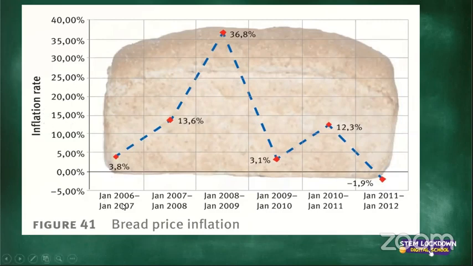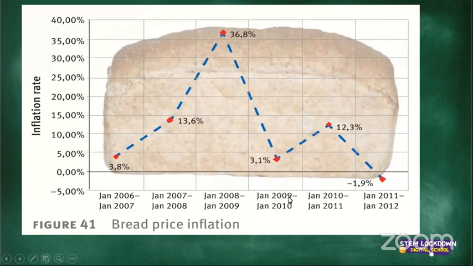You would see here that the inflation from Jan 2006 to 2007 was 3.8%. But from 2007 to 2008, it was 13.6%. That is a big increase, if you can notice. Then Jan 2008 to 2009, it was even steeper because it moved from 13.6% to 36.8%.